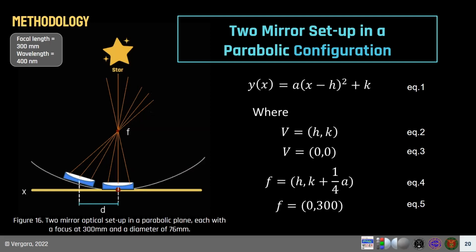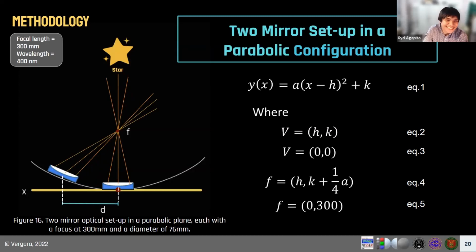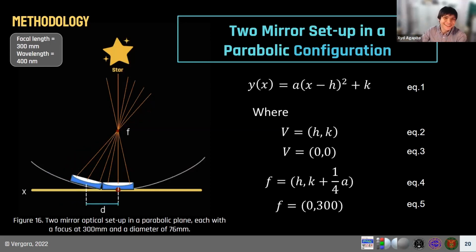Pero marami pang ibang configurations na pwede. You can just imagine it's a 3D space. Parang practical to, no, yung ginawa mo kasi 2 mirrors lang and can easily test it if you're a hobbyist. Pwede mong i-try agad. Okay.